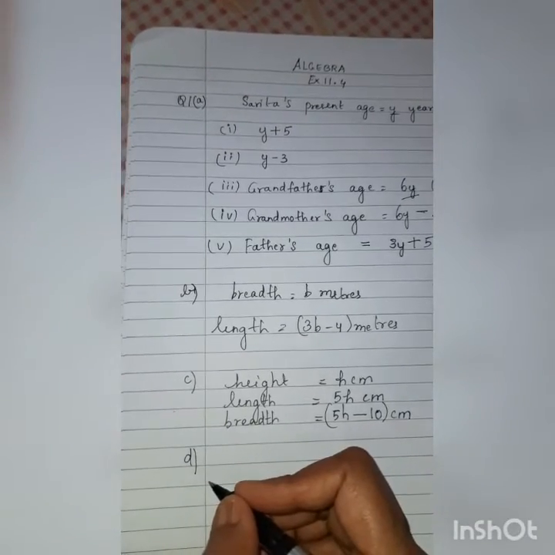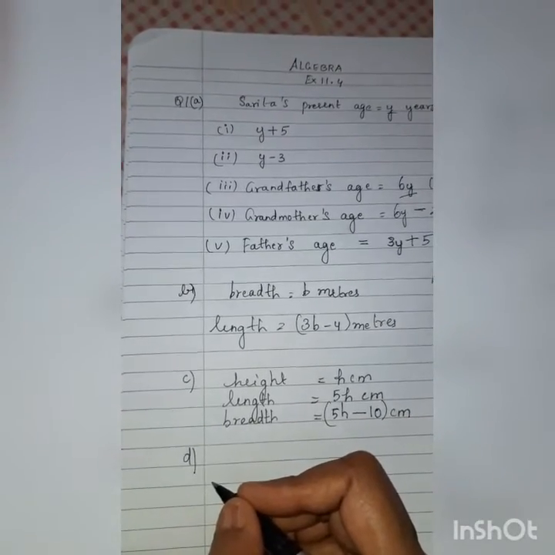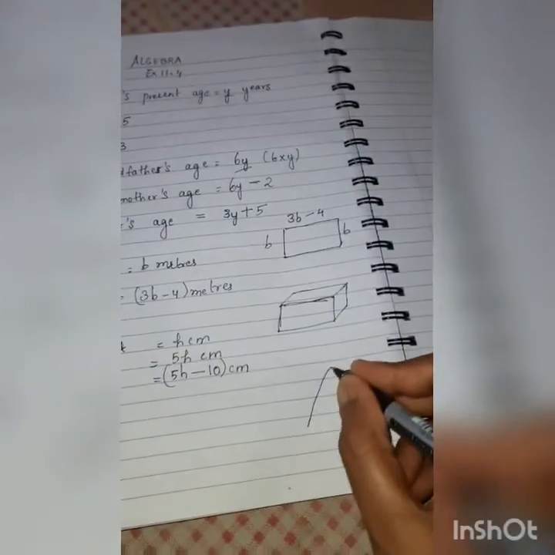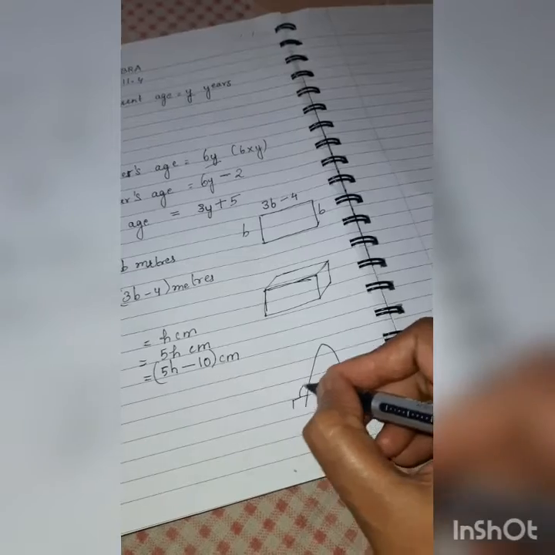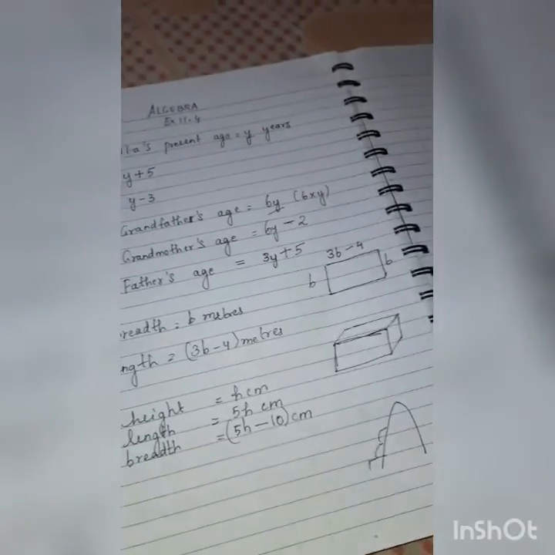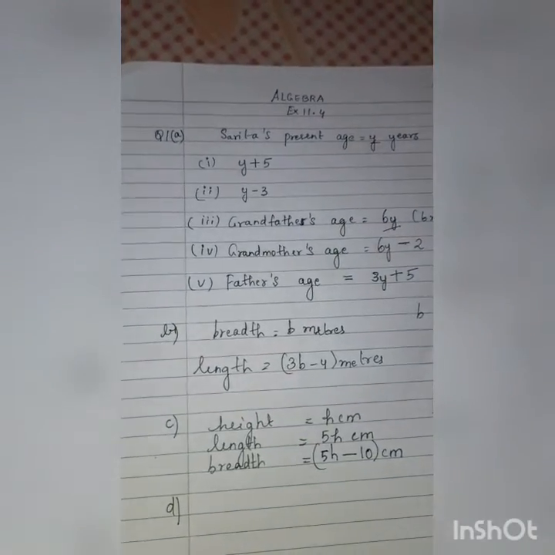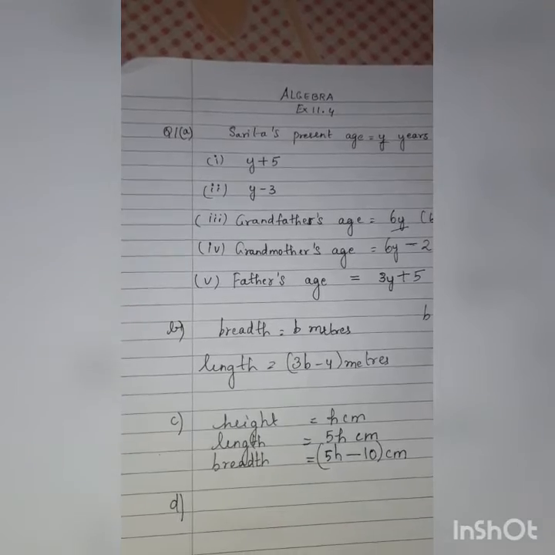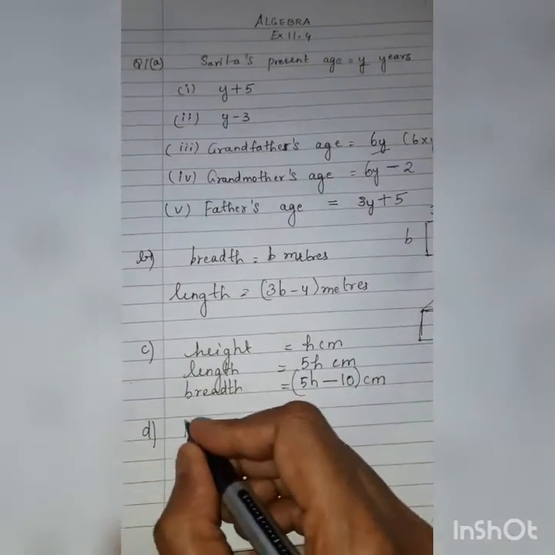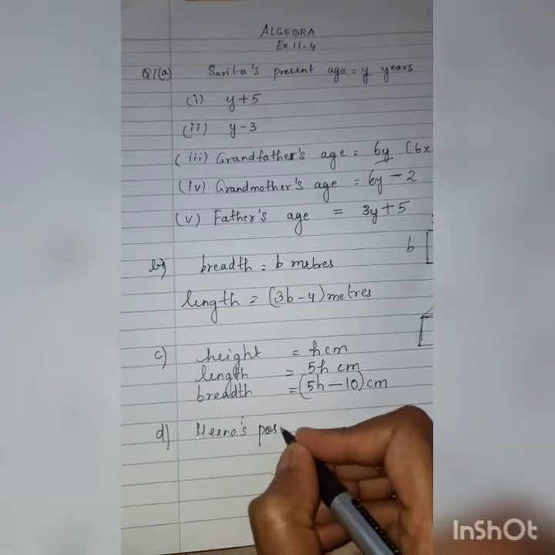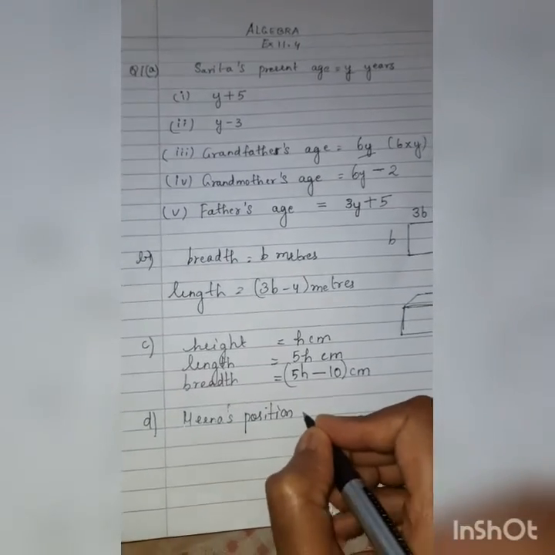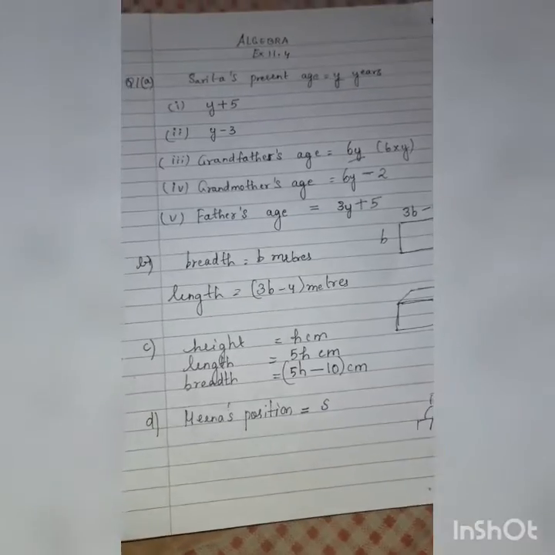Next, question D. Meena, Beena, Leena are climbing the steps to the hilltop. So the three girls are climbing the steps to the hilltop. Meena is at the step s. So Meena's position is equal to s.